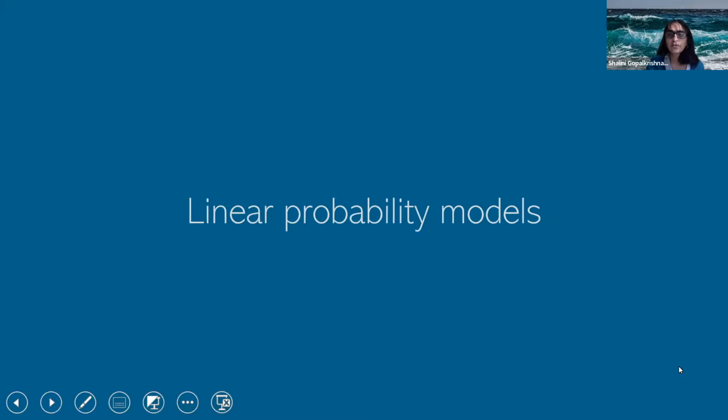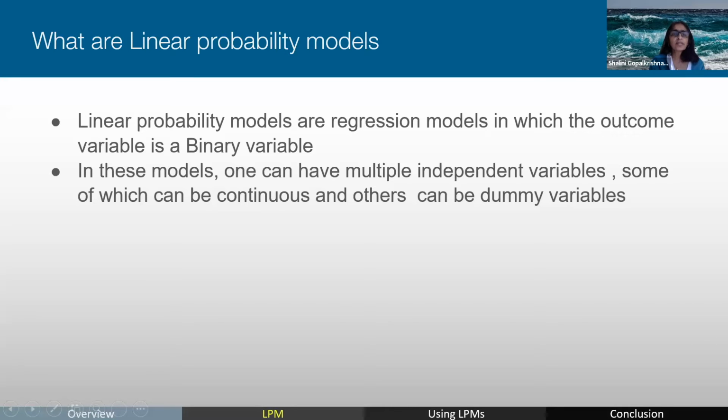So we're going to talk about linear probability models. They're also called LPMs. So what are these models? Let's say we are creating a regression model, but the outcome, the dependent or response variable, is a binary variable, a yes or a no, success or failure.